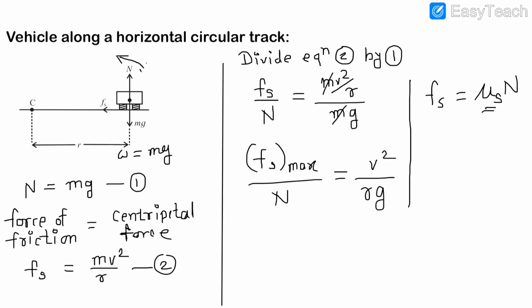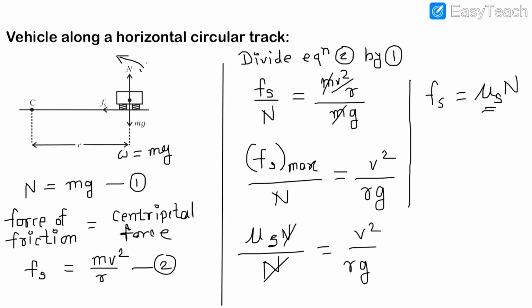This is the maximum force. That is the maximum friction, where we can take the turn at the highest speed. The surface provides the maximum frictional force. Now for the maximum frictional force, here I am putting the value mu S N divided by N is equal to v square divided by Rg.